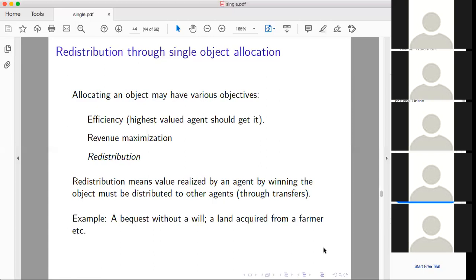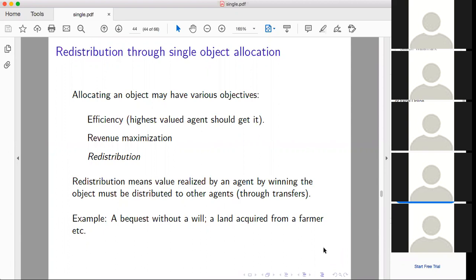But then the value realized from that transaction needs to be redistributed amongst the various farmers or other claimants. These are the kind of examples we have in mind. And as I said, in two or three lectures we are going to get into these models in full. Right now I just want to give you a preview of some mechanisms that we can think of directly using our results already.